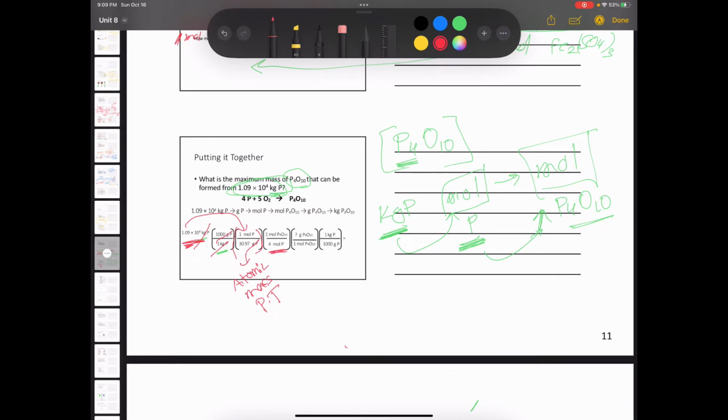Now I can use my mole to mole relation from the formula of the P4O10, that in every single mole of the phosphorus oxide there are 4 moles of phosphorus. Okay? So now mole can cancel out with mole.